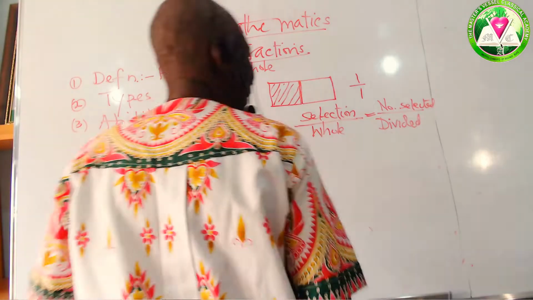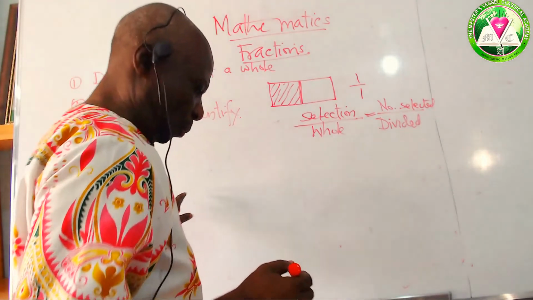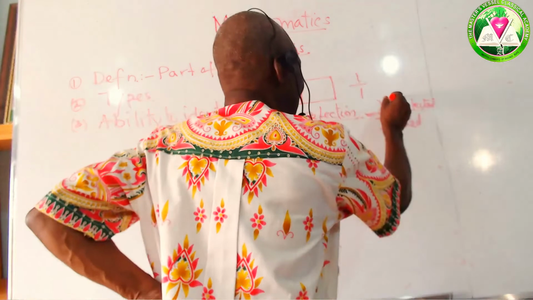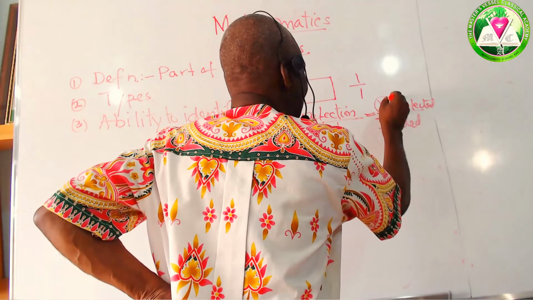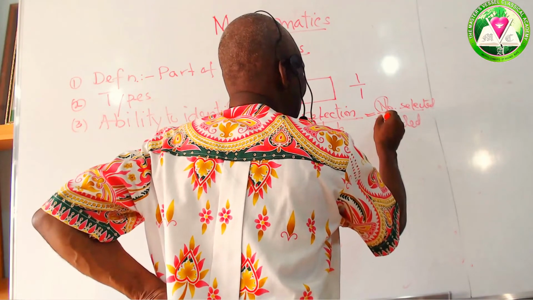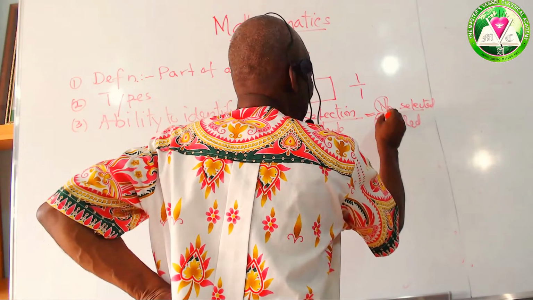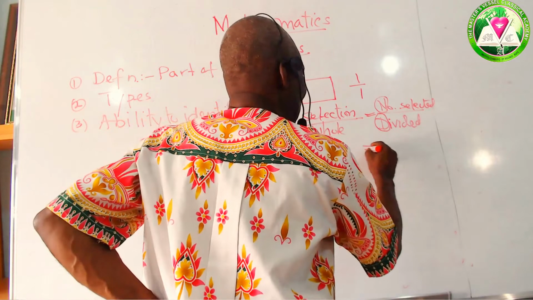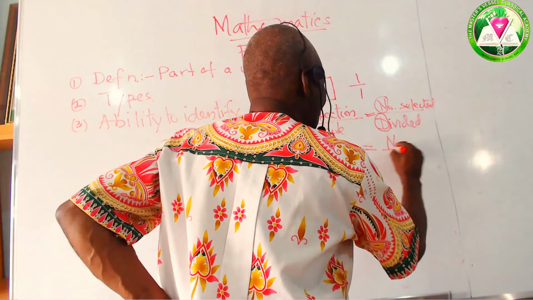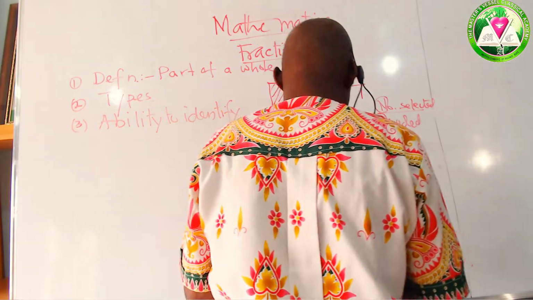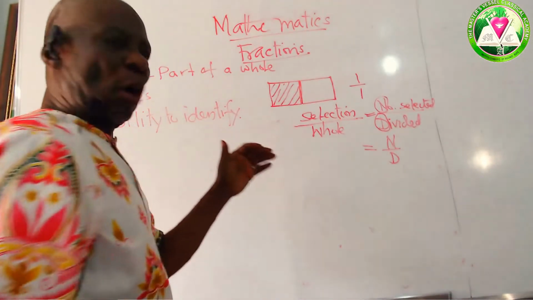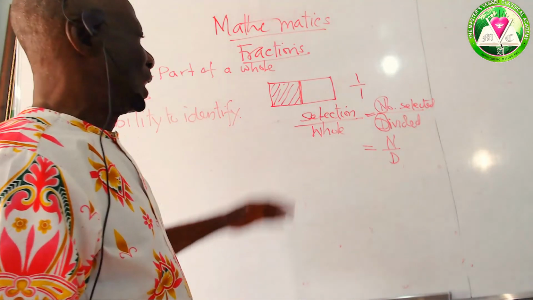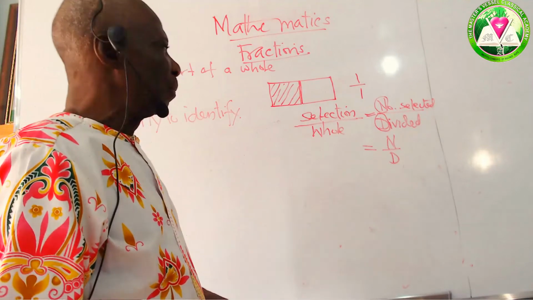Now we shall take the first letters of what we wrote in our fraction. The first letter is N here. The first letter at the bottom is D. So our fraction now becomes n all over d. The number on top is n. The number below is d.